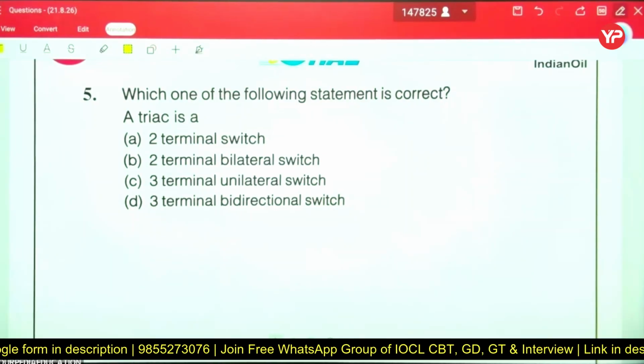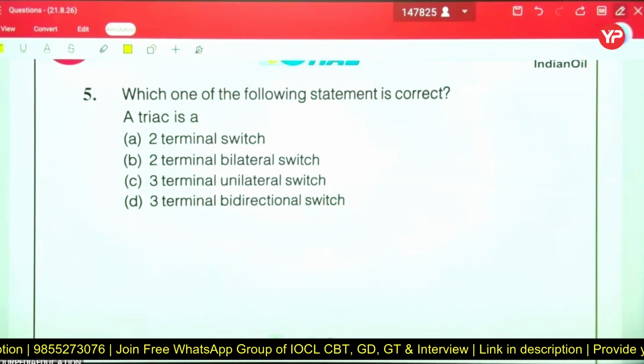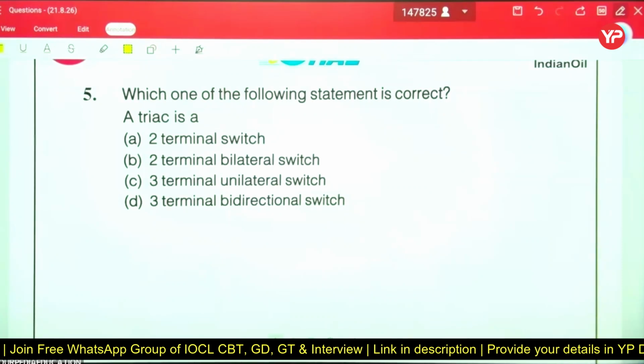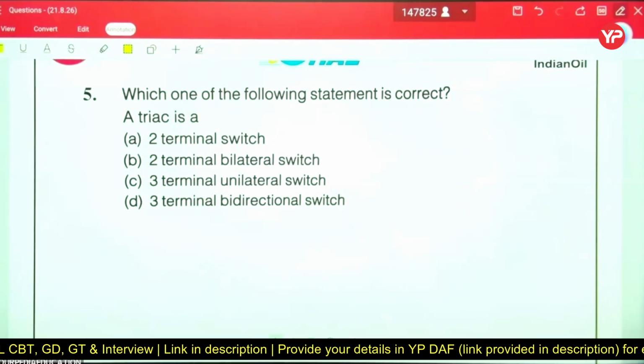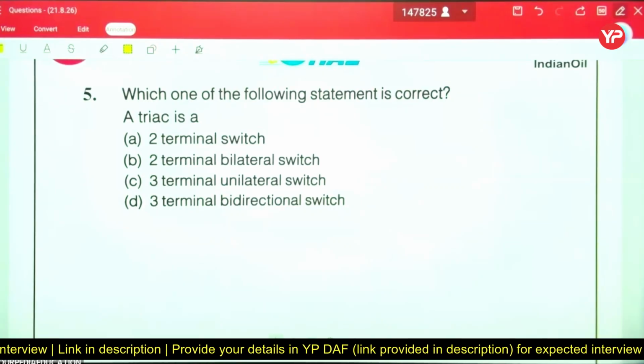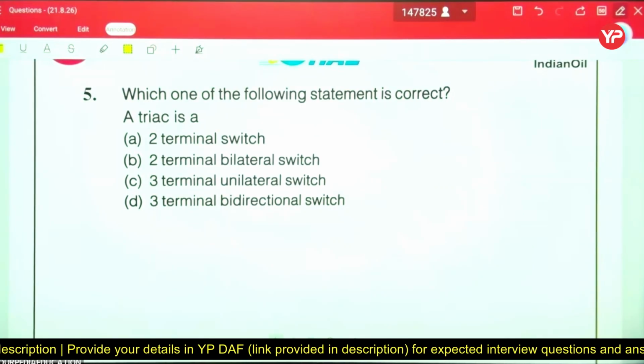Option B, two-terminal bilateral switch. No, beta. Anyone?